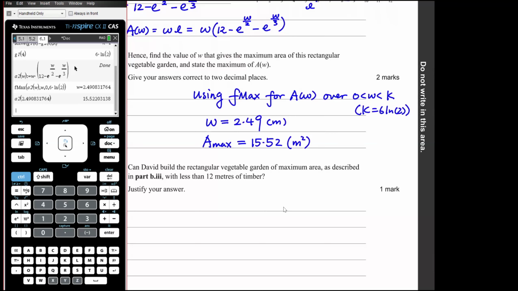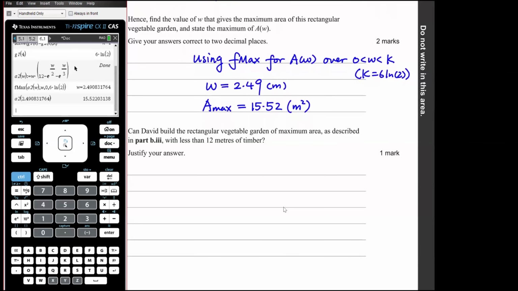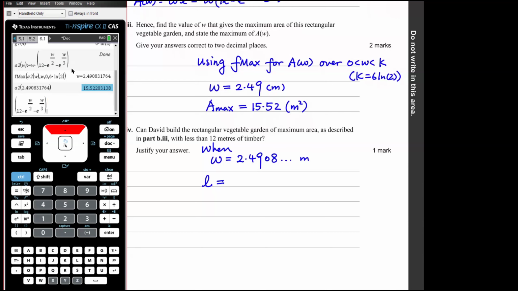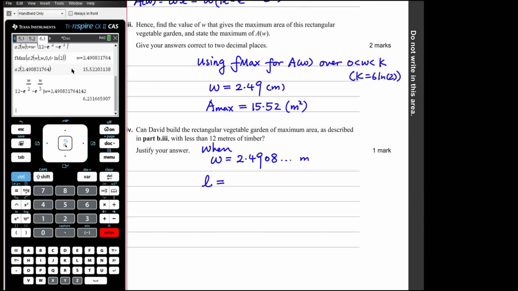Okay. Can David build the rectangular vegetable garden of maximum area as described in part B3 with less than 12 meters of timber? Justify the answer. So when W equals 2.49, maybe I carry more decimal places, your L is this thing. It's 6.2316, etc. meters.